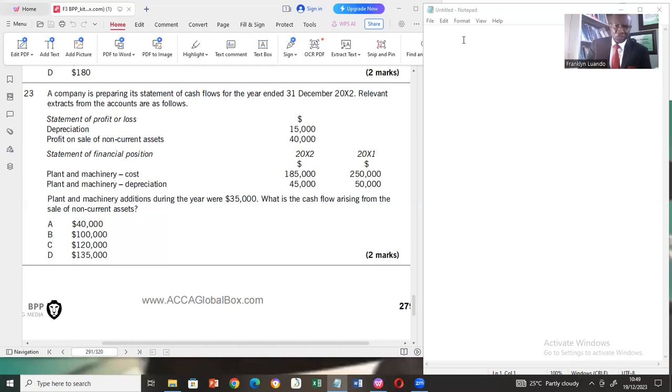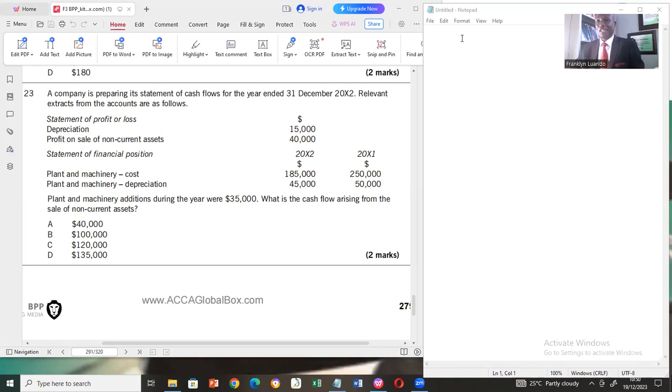Now, the most important thing to note here is we are given the profit made from the sale, which is 40.